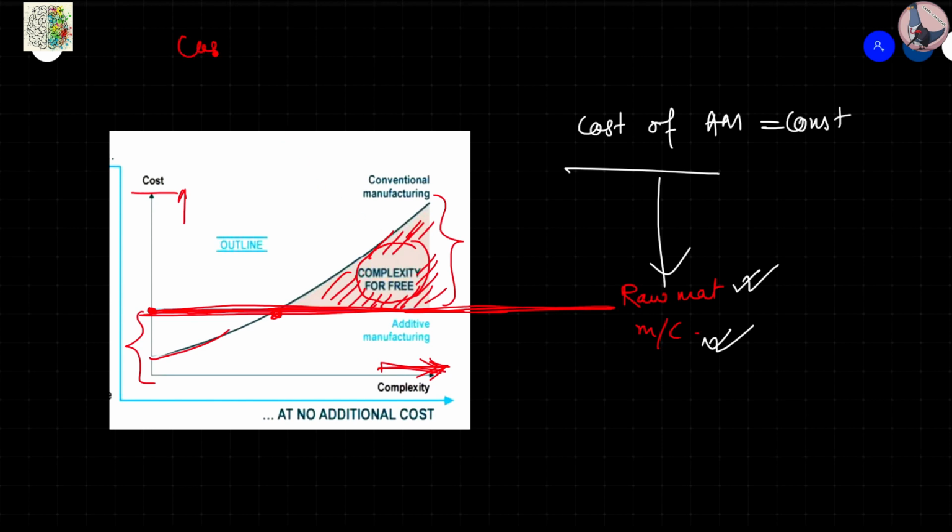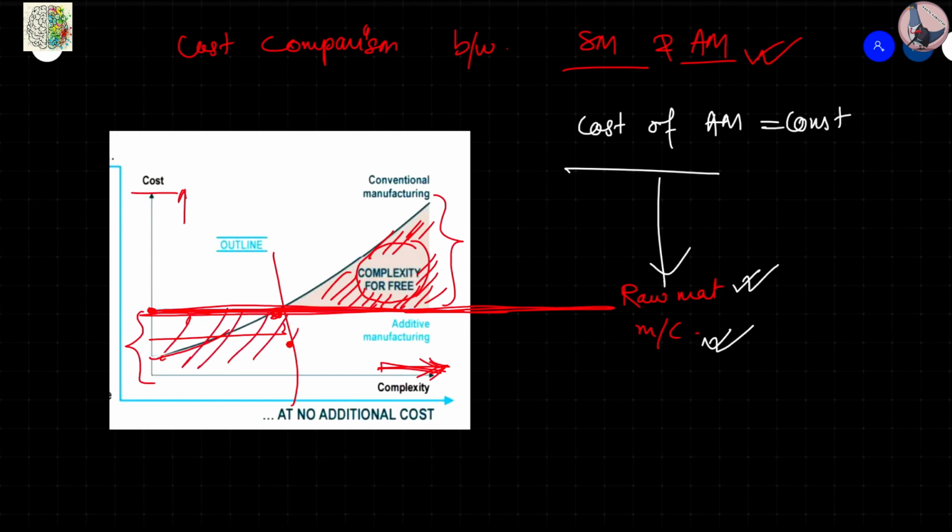This cost comparison between subtractive and additive manufacturing has to be taken with a pinch of salt. If it is highly complex, then additive manufacturing is a very good method. If complexity is less, in this zone, then subtractive manufacturing will be a better option.